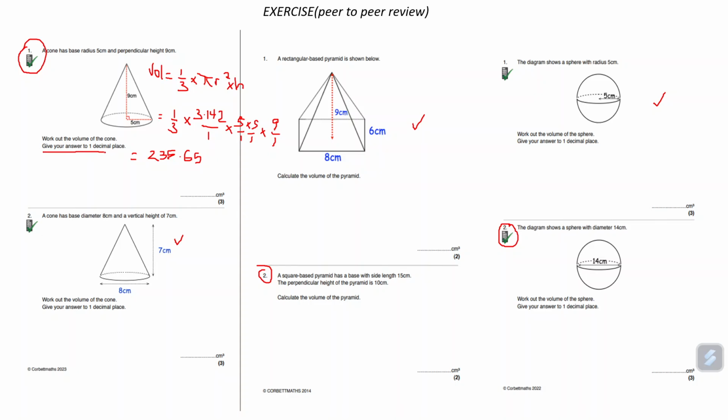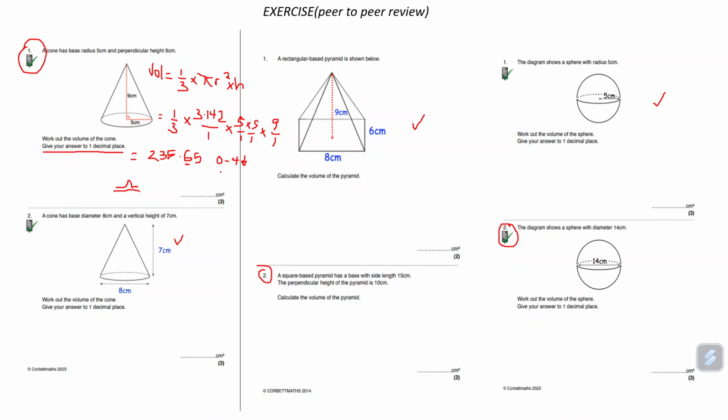Then we look at the concluding part of the question. It says give your answer to one decimal place. To do that, you count after the decimal point, so you count 1, you pause, then you look at the next available number. The rule says if the next available number is between 0 and 4, you round down.